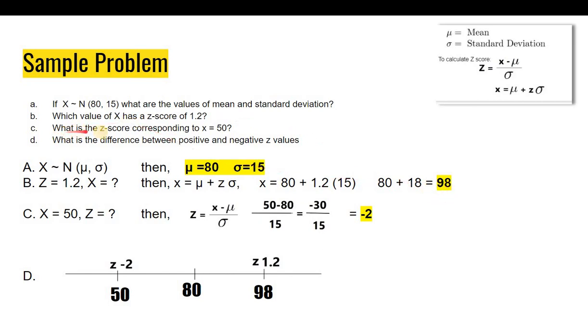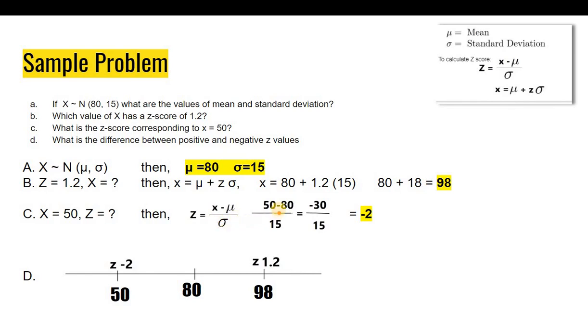And then third, what is the z-score corresponding to x equals 50? So, ang hinahanap naman natin dito yung z-score. How you would calculate the z-score, it's already in the formula. Z is equal to x minus mean over standard deviation. So, given na yung x, and then we're looking for z. Then, let's translate it here. Ito yung formula.